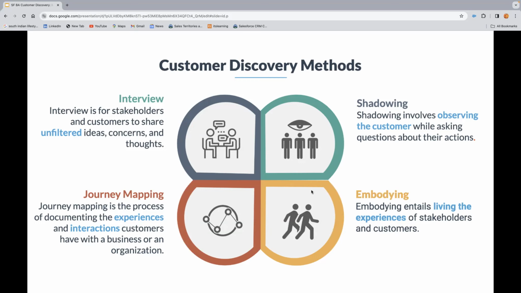After the end of this video, we can understand how to document the current state, define the key aspects to consider when mapping the current state of the project, describe different methods of discovering how a customer uses Salesforce products, describe how a journey map is used to establish the current state, identify the steps to create the journey map, and identify the benefits of using the journey map.